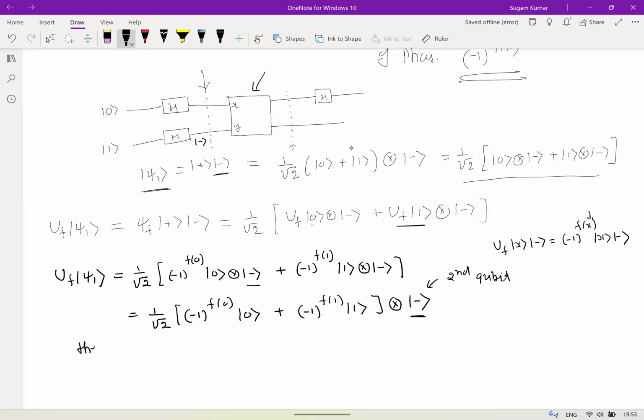So the function fx, okay, is encoded entirely as a phase on the first qubit.